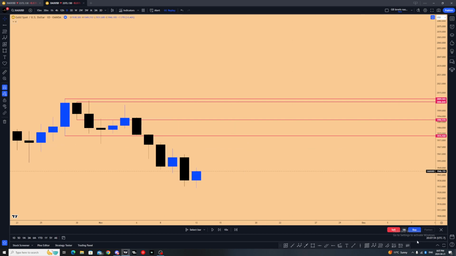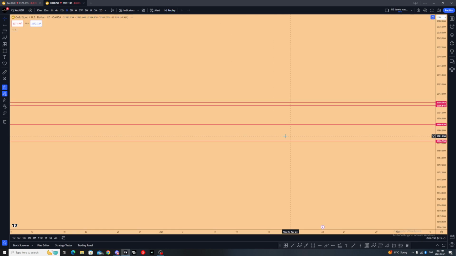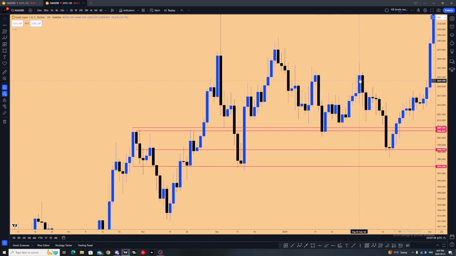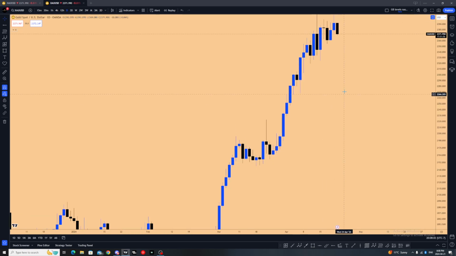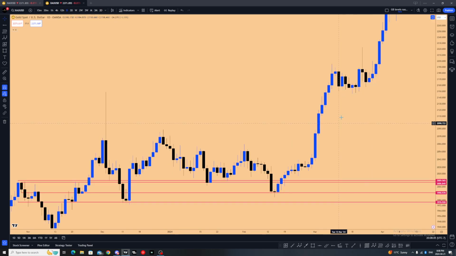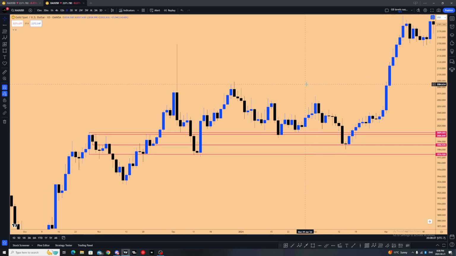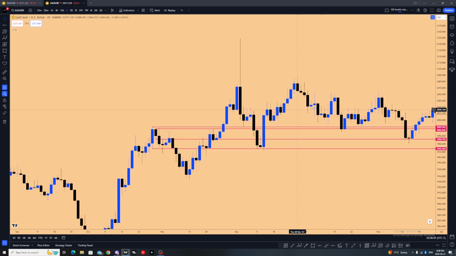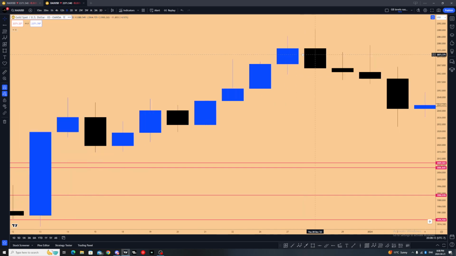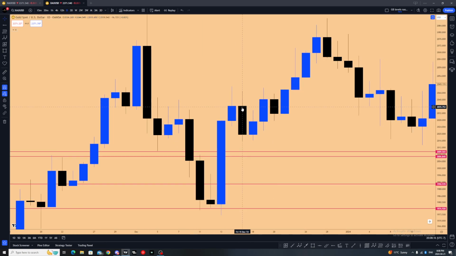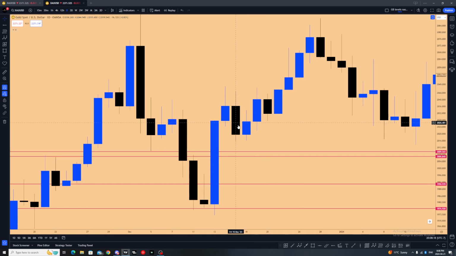I think I noticed this pattern another time. Let me check. Where is it? Now this actually had the potential of doing it, where you had an inside daily candle with the next one already punched higher.